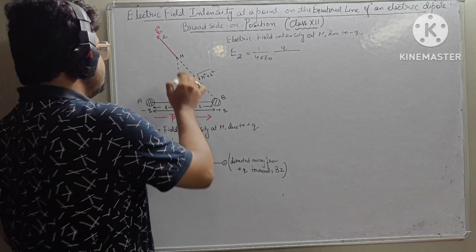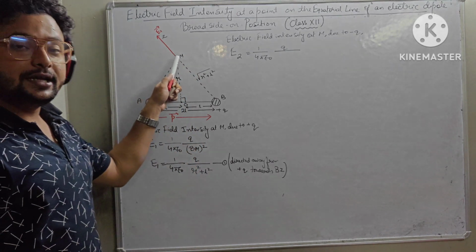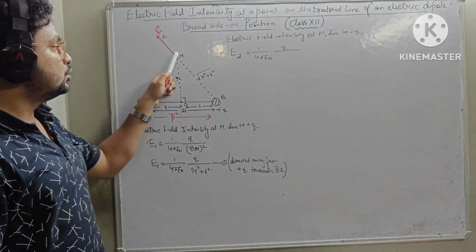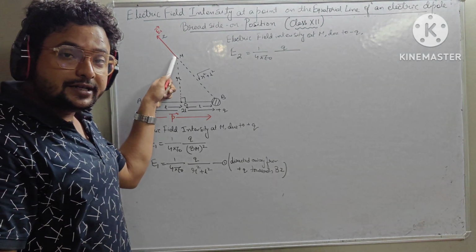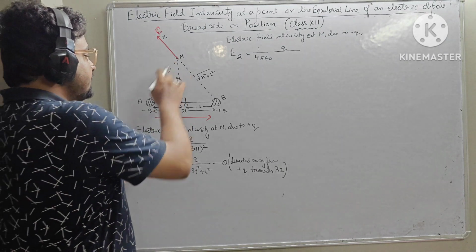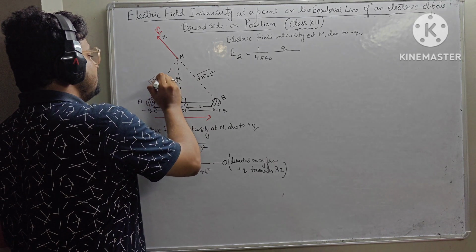Again this particular distance from A to M, because over here we are going to find out the electric field intensity at this particular point due to this charge. So you have to take this distance. Once again, this is L, this is R, so this particular distance is going to be root over R square plus L square.